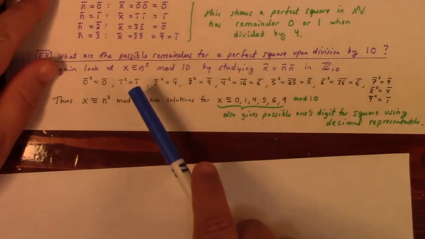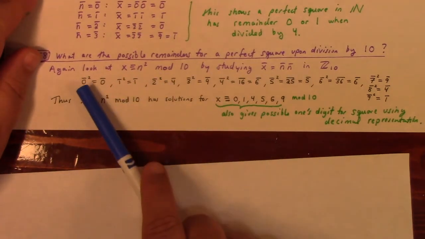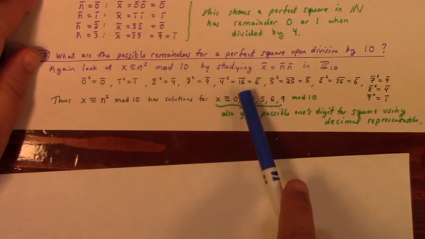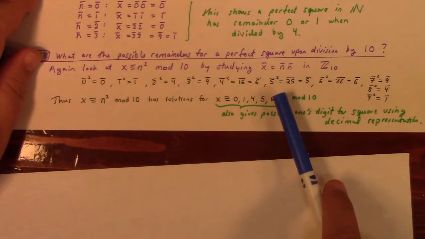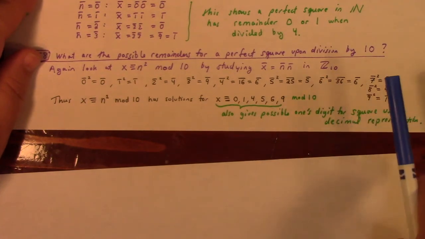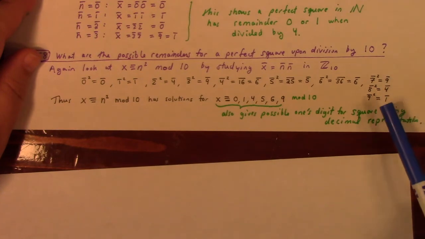So 0 squared is 0, 1 squared is 1, 2 squared is 4, 3 squared is 9, 4 squared is 16, which is congruent to 6, 5 squared is 25, which is congruent to 5, 6 squared is 36, which is congruent to 6, 7 squared is 49, which is congruent to 9, 8 squared is 64, which is congruent to 4, 9 squared is 81, which is congruent to 1.